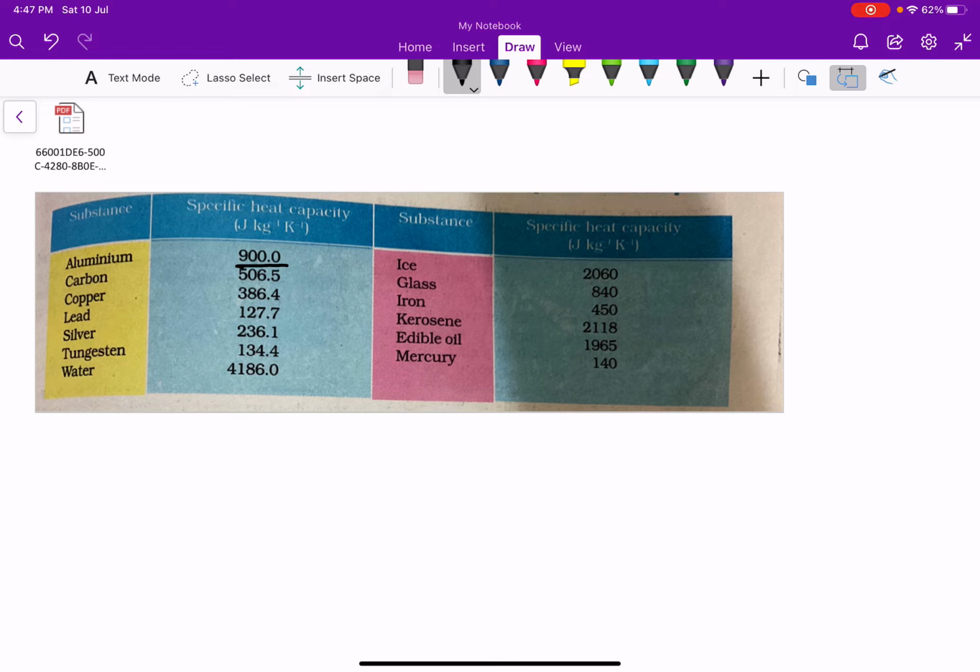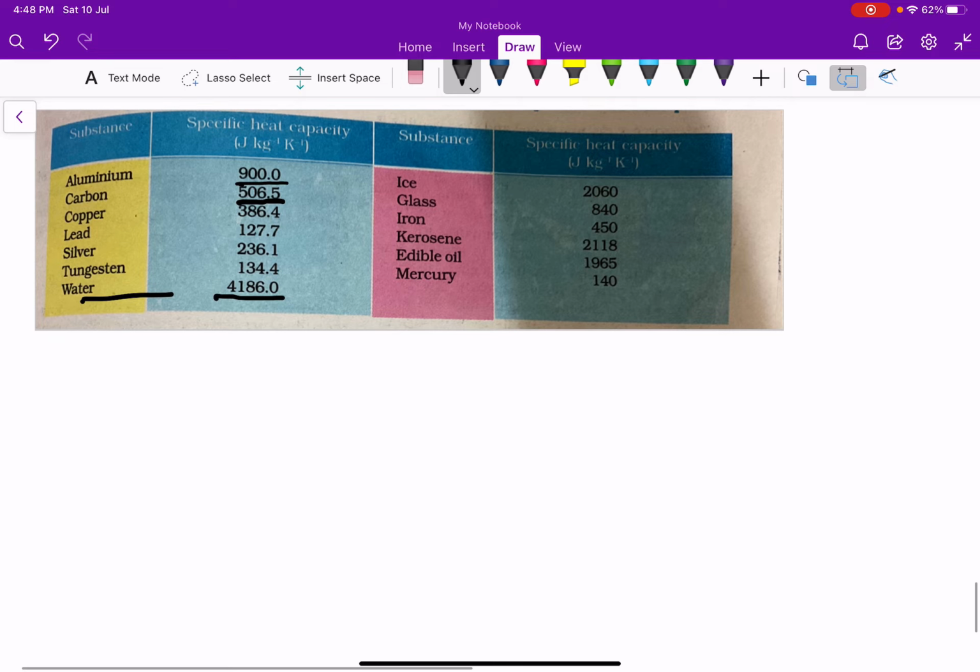And in the case of carbon, the specific heat capacity is 506 joule per kg per Kelvin. For copper, 386 only. For lead, 127. For silver, 236. For tungsten, 134. For water, it is 4186.